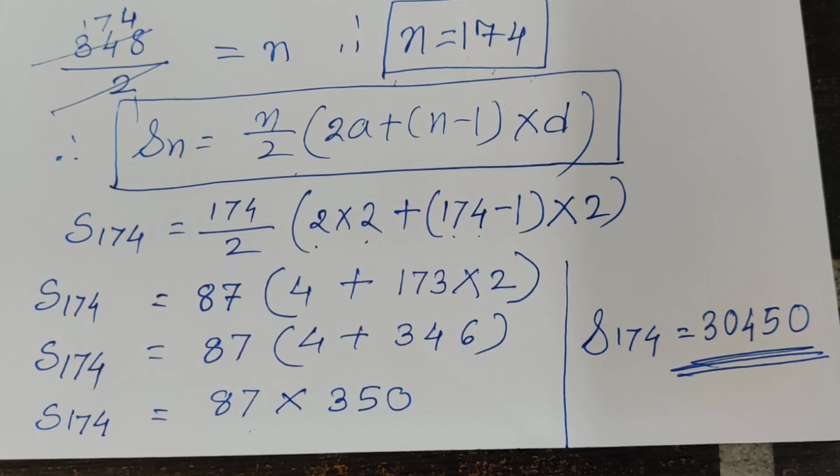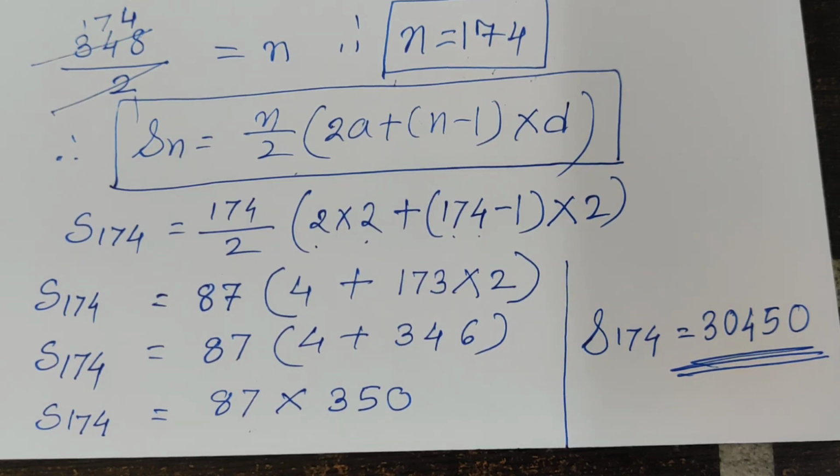But to find the sum, we are using the Sn formula, and for that we need n. So from the Tn formula, first you find only n. Use this n in the Sn formula and get the sum of the numbers which are in between 1 to 350.